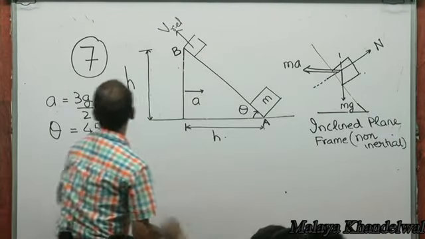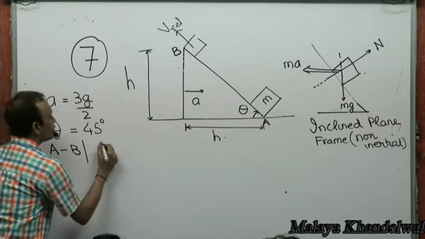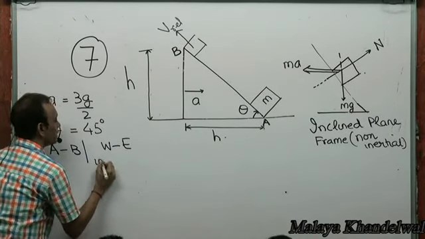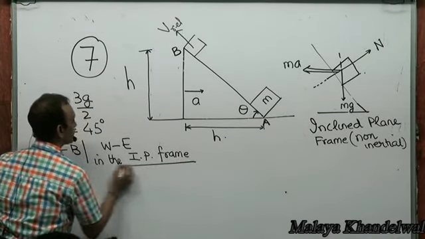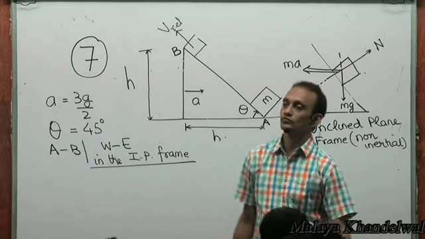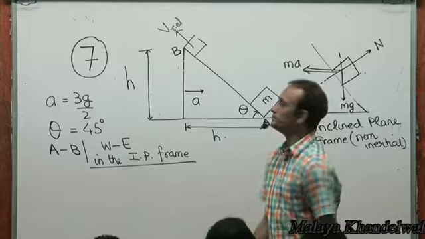Between states A and B, I want to apply the work energy theorem in the inclined plane frame, which is the non-inertial frame. This is what I want to be able to do.